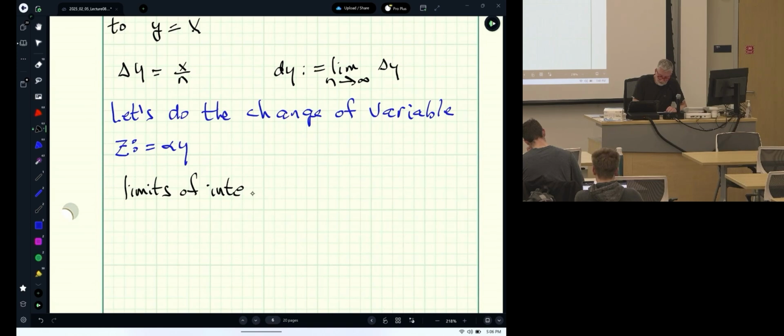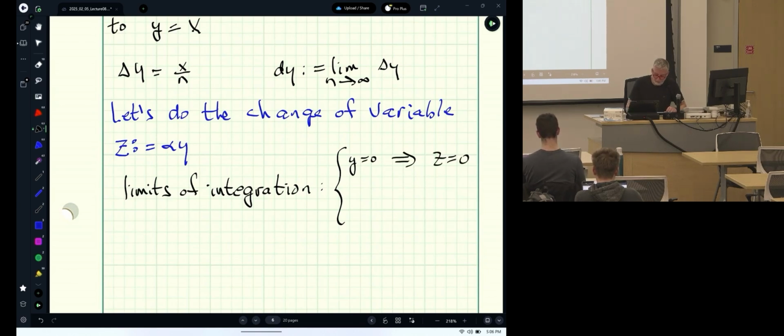Limits of integration. So if y is 0, then z is 0. And if y is x, z equals alpha times x.